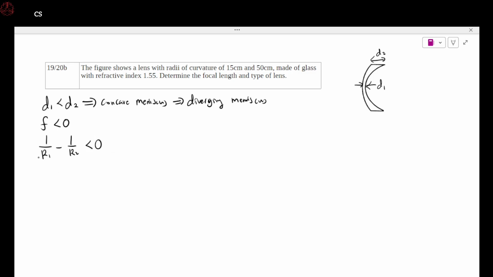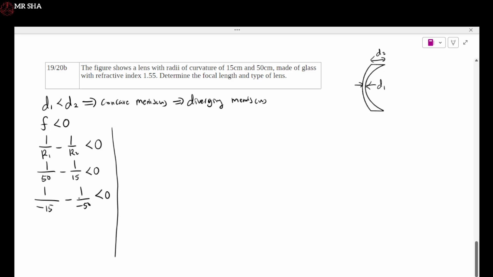How do I make this happen? I can have 1 over 50 minus 1 over 15, which is less than 0, or the other way around, minus 1 over minus 15 minus 1 over minus 50. This will give me less than 0 as well. Either one is fine because they're both the same.